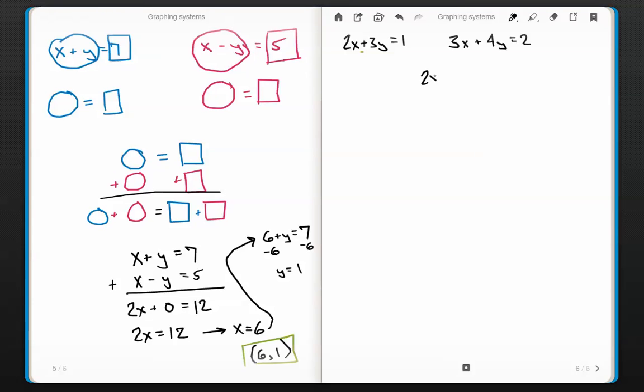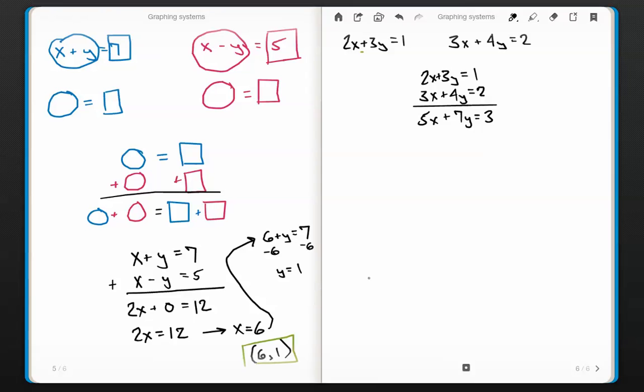So we have 2x plus 3y equals 1, and we're going to add that to 3x plus 4y equals 2. Adding those together, 2x plus 3x is 5x, plus 3y plus 4y is 7y equals 3.